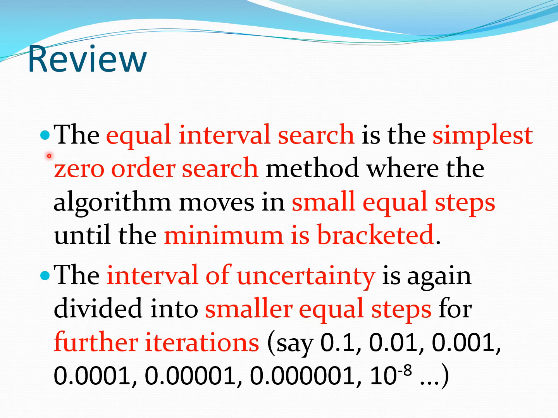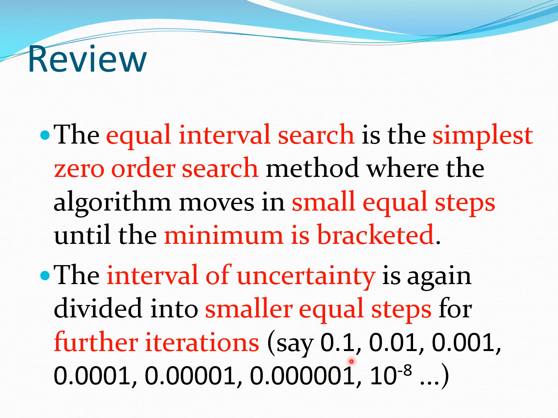Now we saw that the simplest one-dimensional search is what is known as the equal interval search. And essentially this method involves moving in small equal steps until the minimum is bracketed. So this method is very robust, and to give you an example, you can start with a step size of 0.1.